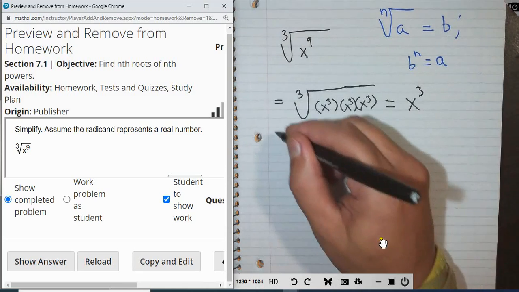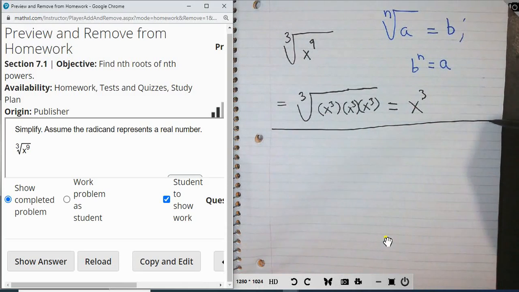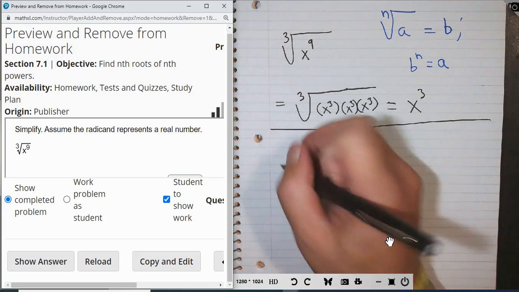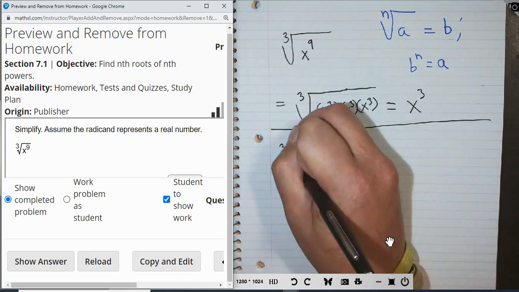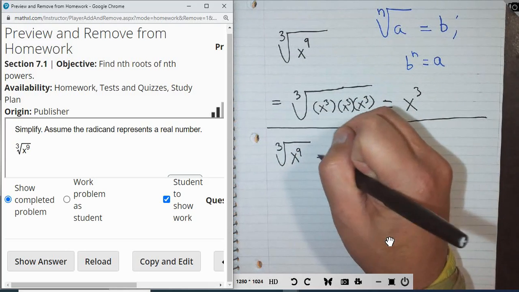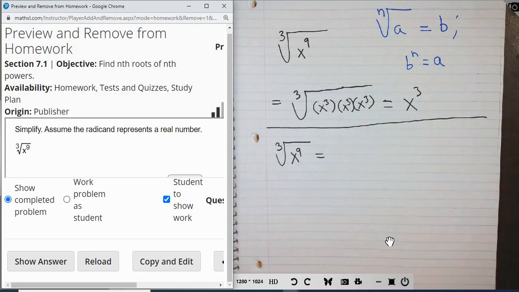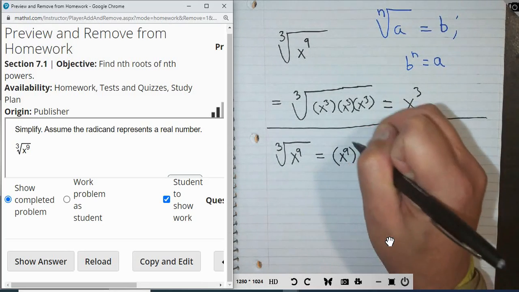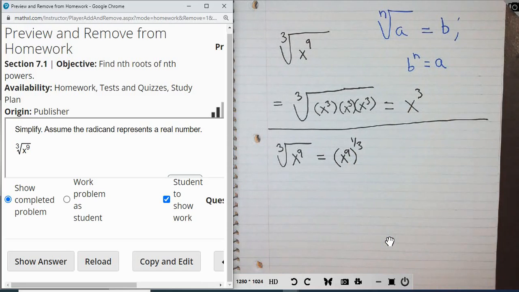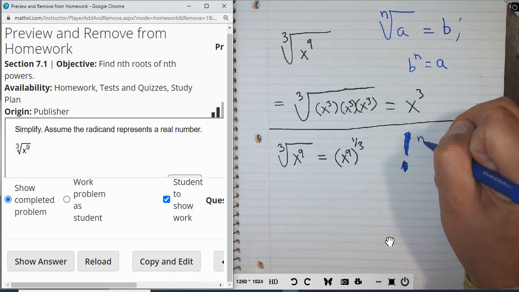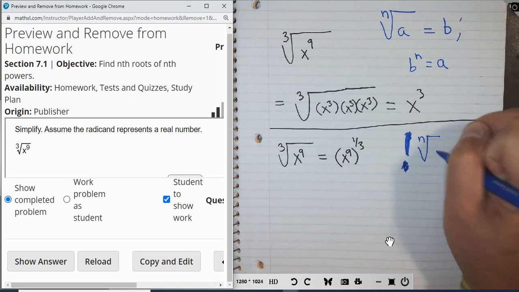Another way to think about this that will further reinforce the concept is to convert this radical expression into a form that uses rational exponents. That would be x to the 9th to the power of 1/3.